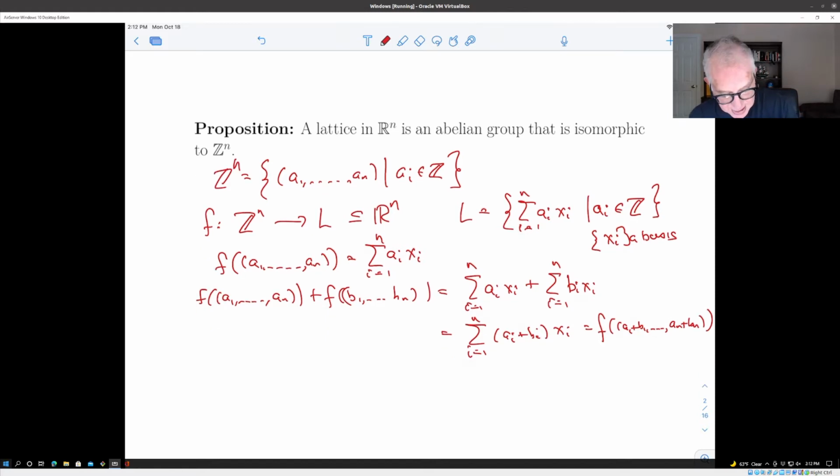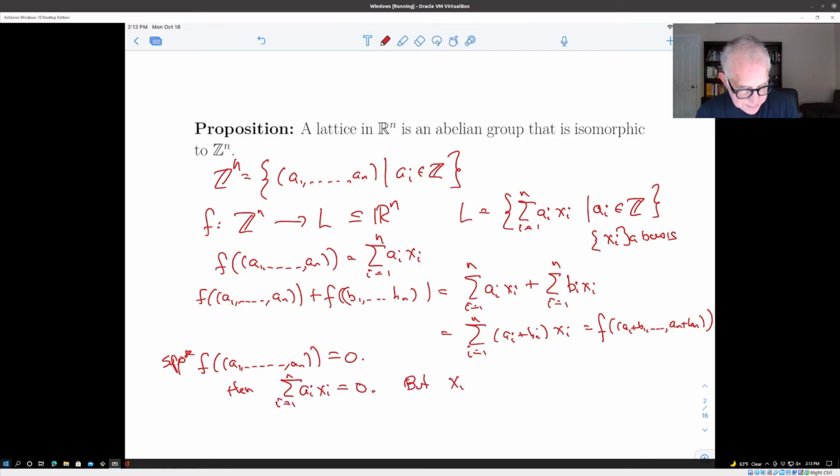How do you know that it's bijective? Well, to check that it's injective, it's enough to check that if f(a1, ..., an) equals 0, then actually all the coefficients are 0. In other words, you check that the kernel is the identity. And so suppose that's true, well, that means that the sum of ai xi equals 0, but the xi are a basis.